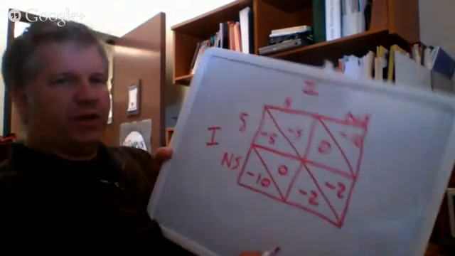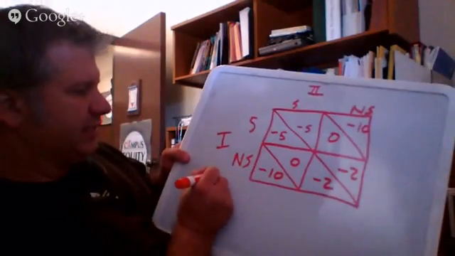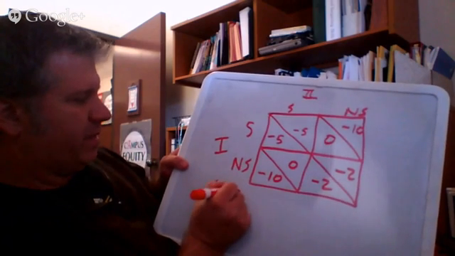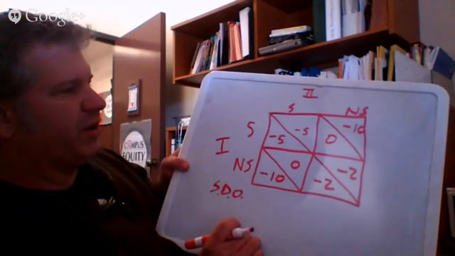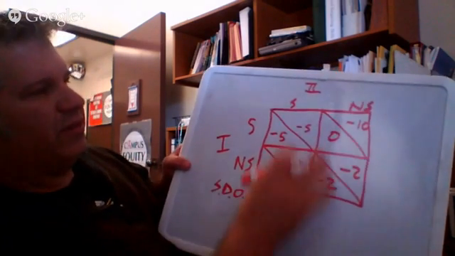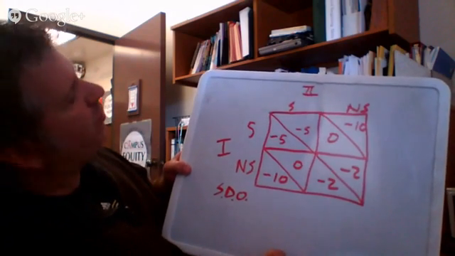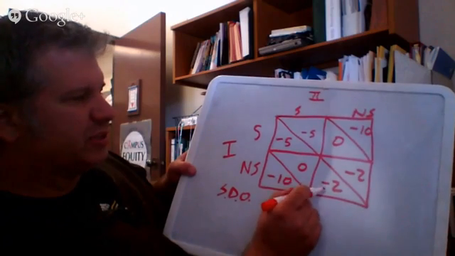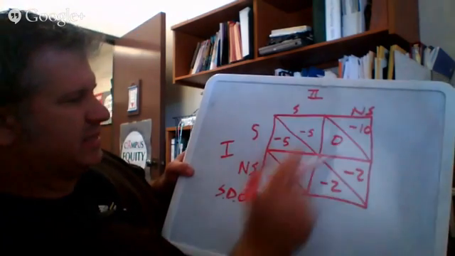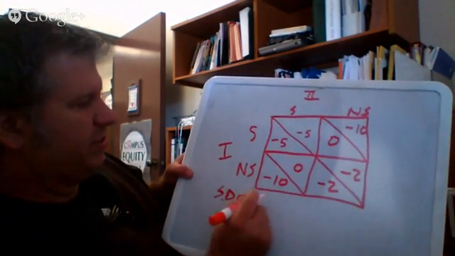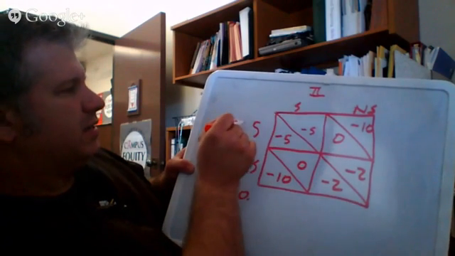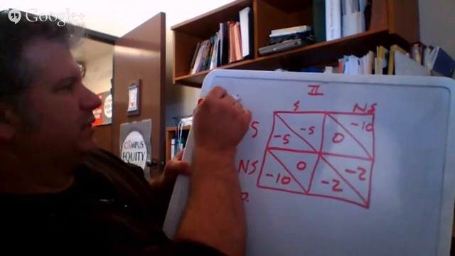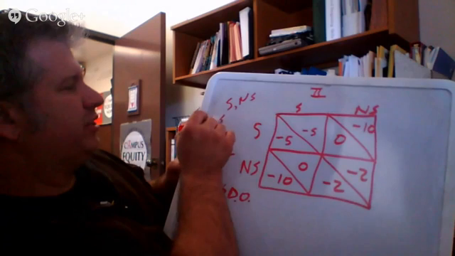So the important thing to notice is that we have a socially desirable outcome, SDO. The socially desirable outcome is where the players do the best. If they were going to look at this and say, where could we do the best if we were going to collude and work together? It's clear that the socially desirable outcome is not snitch, not snitch, or -2, -2. So first off, snitch and not snitch are strategies.